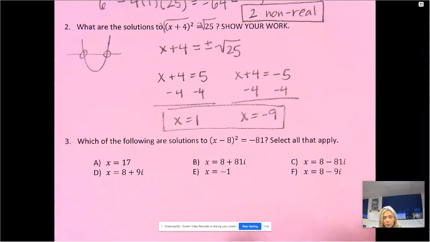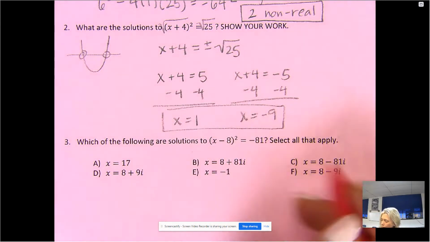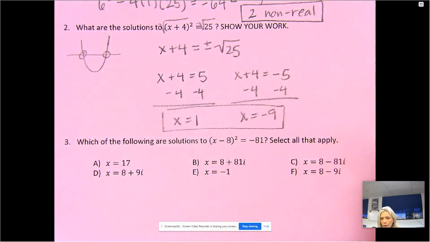Whereas on the next one, we're going to follow the same process, but this time it's equal to a negative 81. And so this is going to have imaginary or complex solutions. But again, you would square root, and the square root of 81 is 9. So the square root of negative 81 is 9i.